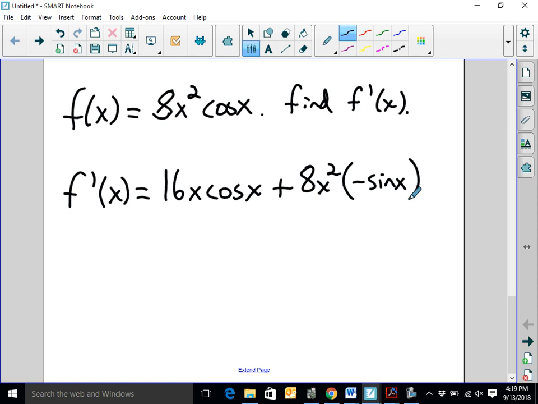So we need to be careful with that. Anytime you have a negative value pop up on a derivative within the product rule, we want to be very careful, and we can use parentheses to help make it look more like multiplication. The other thing I like to do is, if I'm multiplying two numbers, that 8x squared, which is positive, and that negative sine x, which is negative, I know when I multiply them together, it's going to make a negative answer here. So I like to rewrite this looking like this.